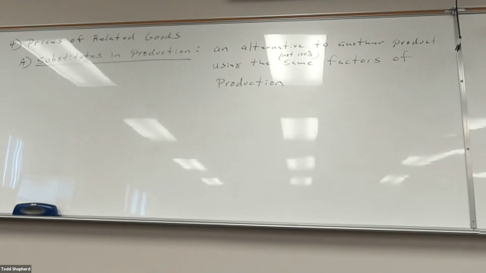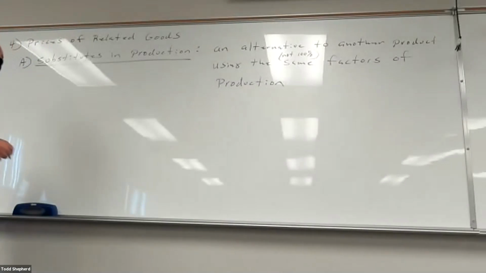Sometimes the pesticides and herbicides are maybe a little bit different. You can use the same sprayer, but you can't use the same pesticides. And clearly, you cannot plant corn seed and get soybeans that come up out of the ground, right? So your initial input is going to be different as well. But a big chunk of the factors of production can be used to produce one or the other.